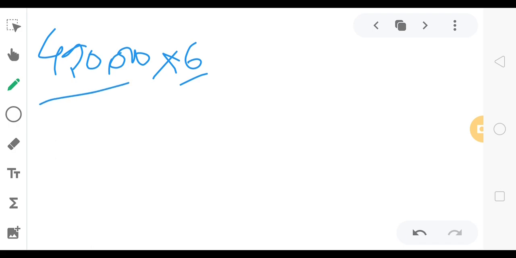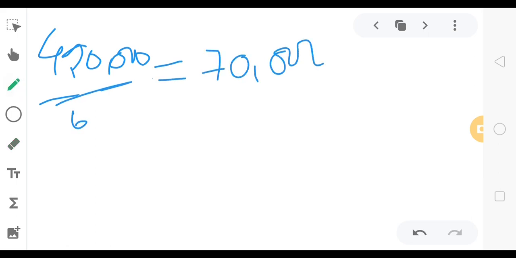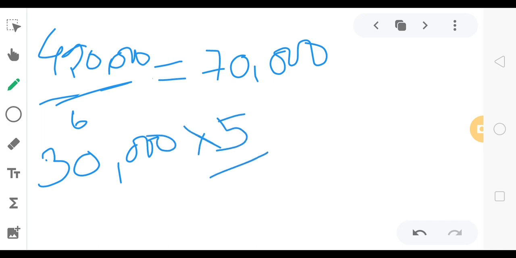So 6 by 12, that is equal to 70,000. Another plant was an additional purchase of 30,000, and here we take 20%.